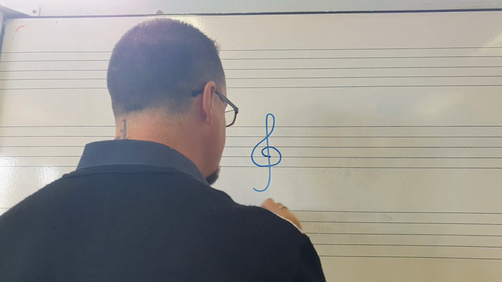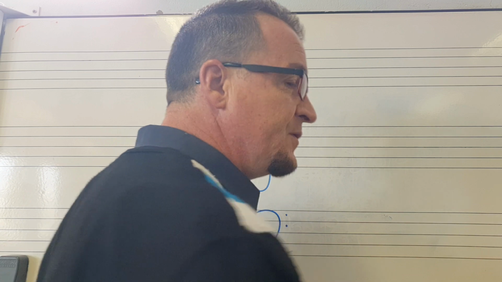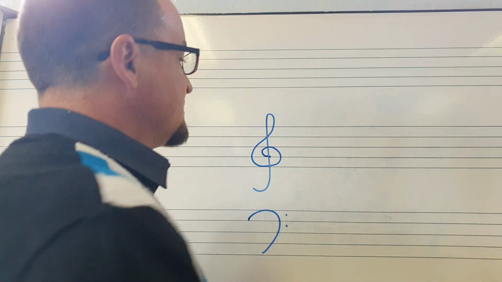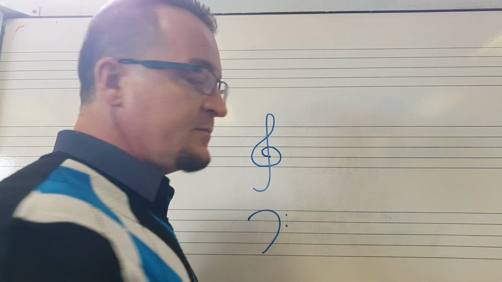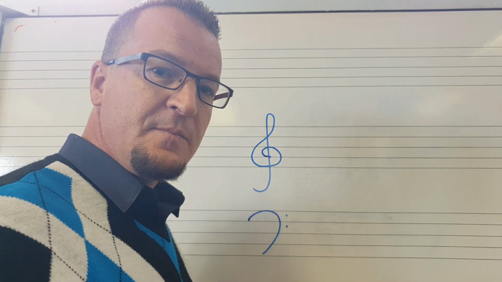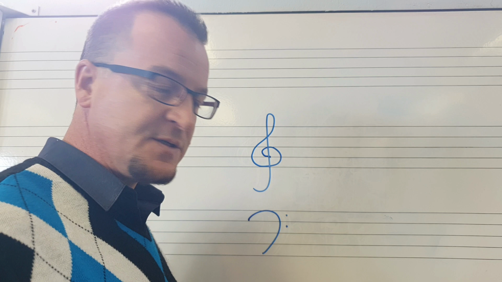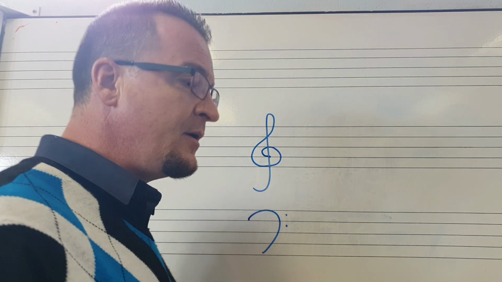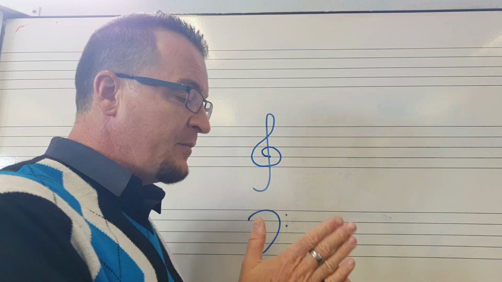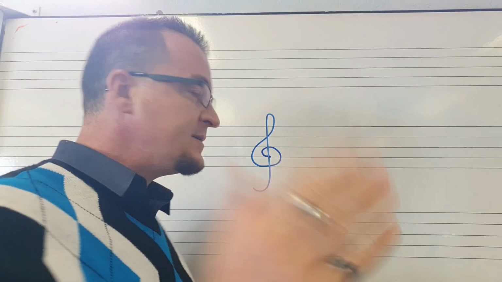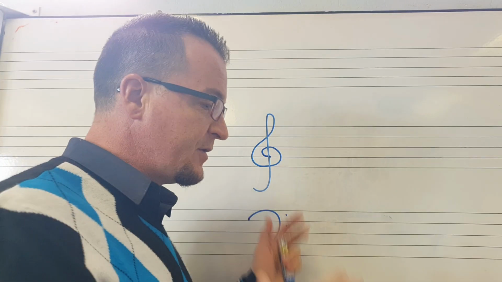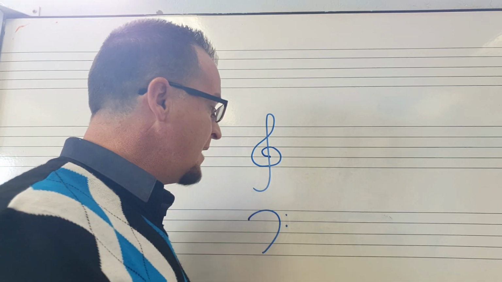If I put a bass clef, it gives me a different view of the pitches. So it's rather simple. The treble clef represents the higher pitches and the bass clef represents the lower pitches. If you go to a piano and you go to the middle of the piano, basically everything on your right is represented by the treble and everything on your left is represented by the bass clef.